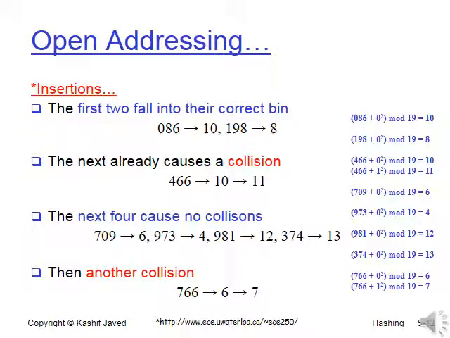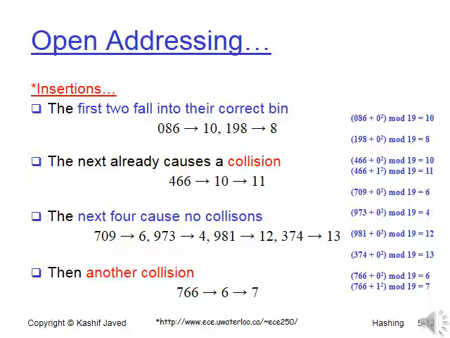Now further to insertions, for random number 86, we will have the hash value computed as 86 plus 0 squared, whole term mod 19, which equals 10. So we insert it into bin 10 of our 19 array size hash table.